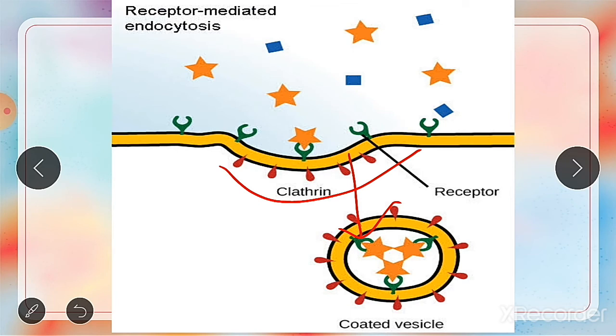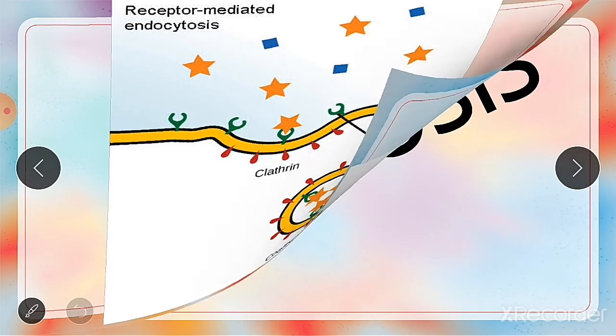So these coated vesicles contain the molecules that are needed by the cell. One example of receptor mediated endocytosis is cholesterol uptake by the cells. So cholesterol molecules are taken by the cell by the process of receptor mediated endocytosis.